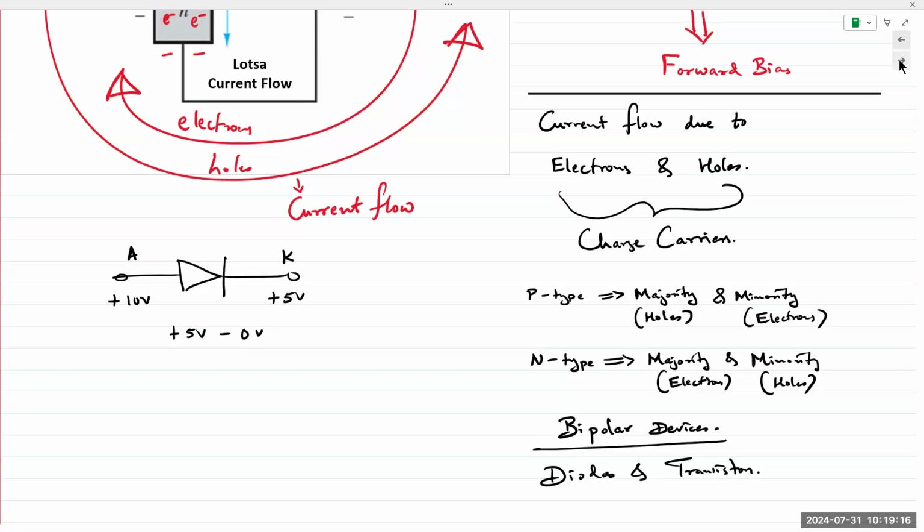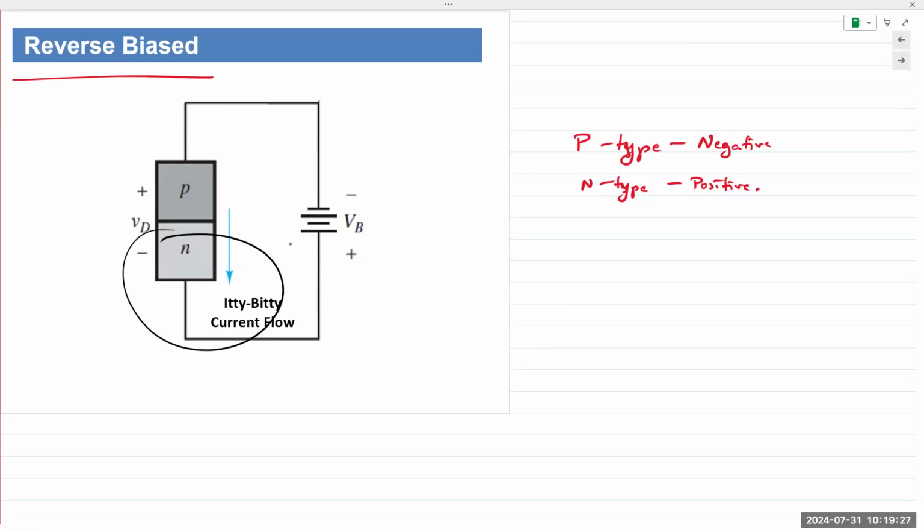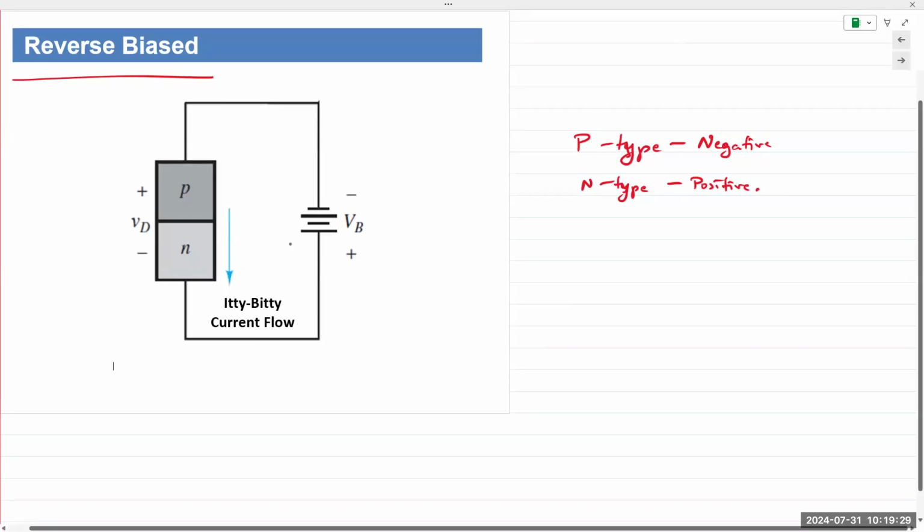All right. So from forward bias, we then go to reverse bias, where the n-type material is now at a higher potential than the p-type material, or the positive end is connected to the n-type material.